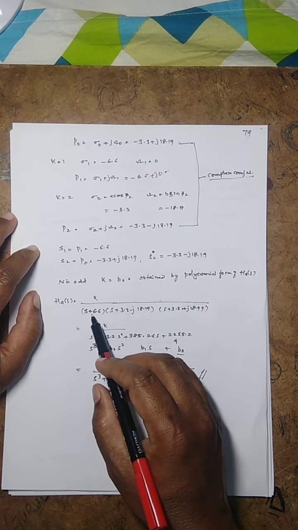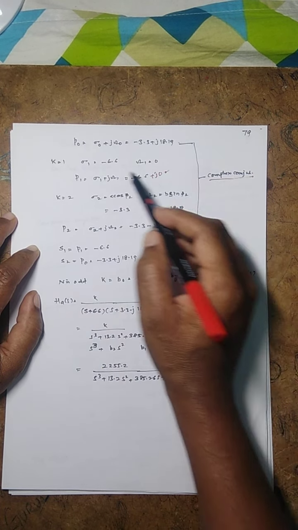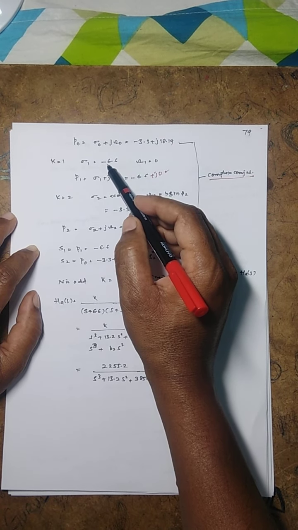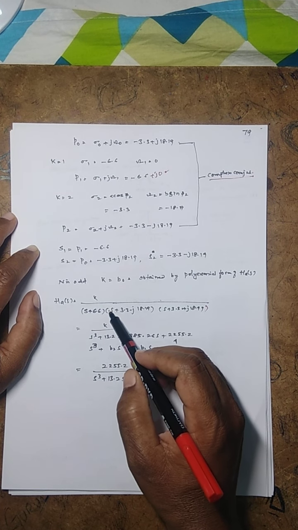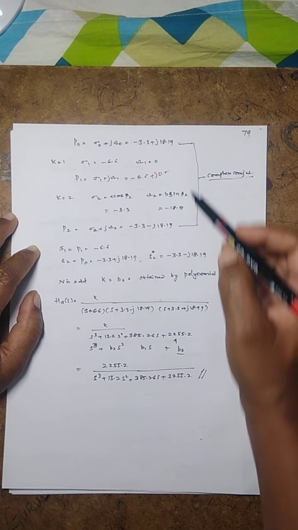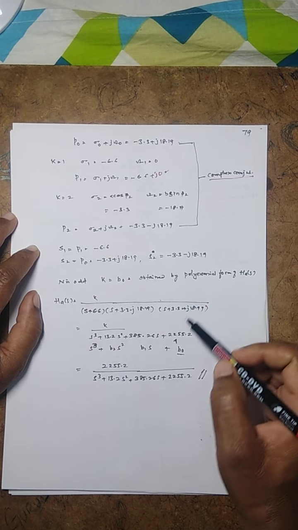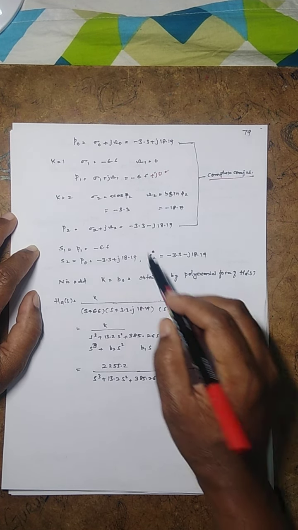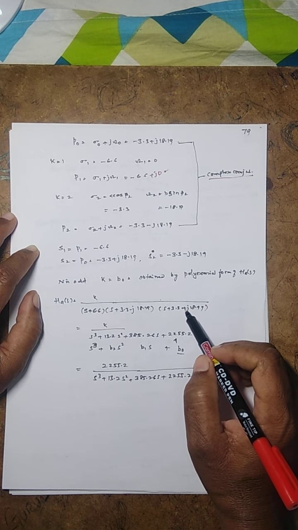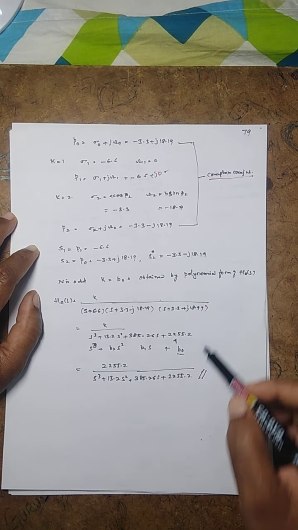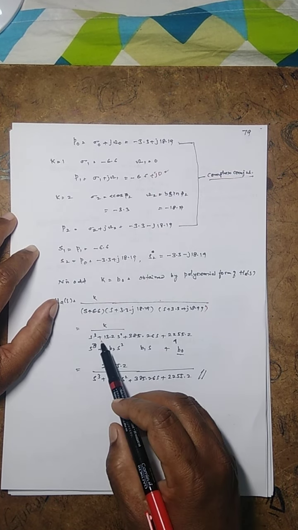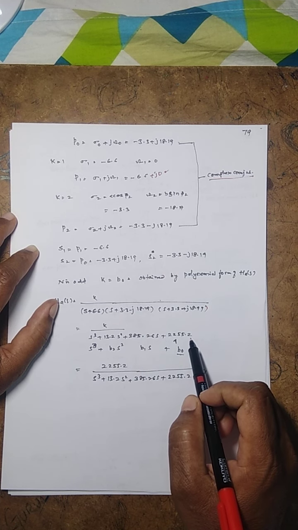K divided by S plus 6.6 multiplied by S plus 3.3 minus j 18.19, and the other one is S plus 3.3 plus j 18.19. When you cross multiply, you will get this expression.